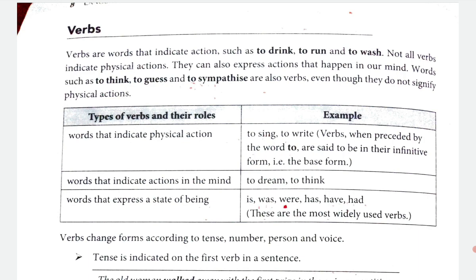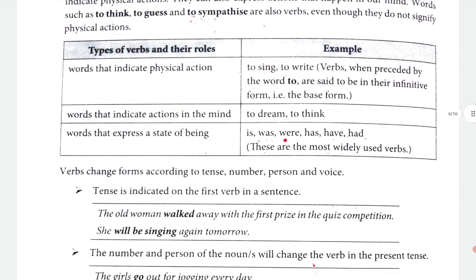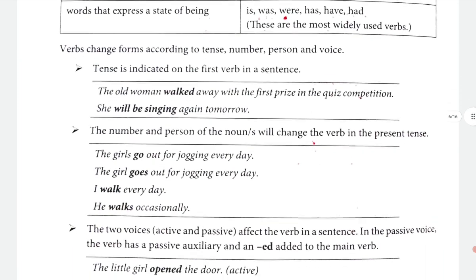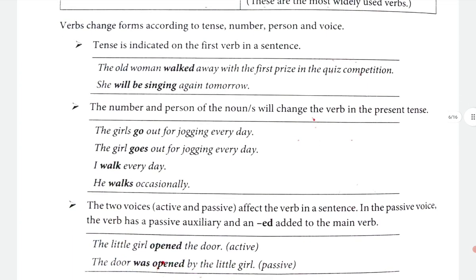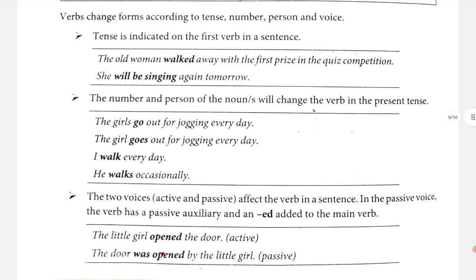Verbs change forms according to tense, number, person, and voice. Tense is indicated on the first verb in a sentence.